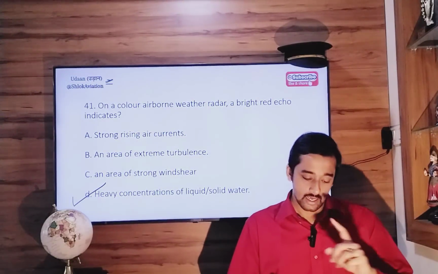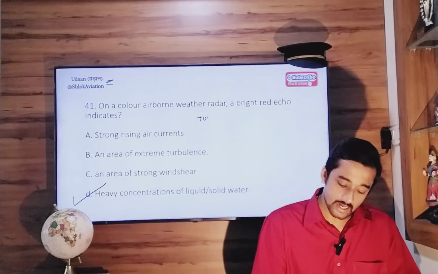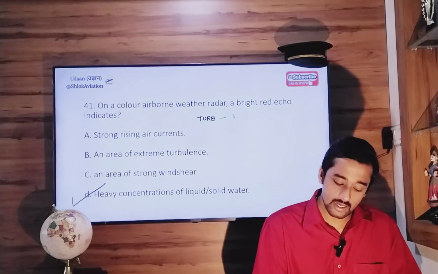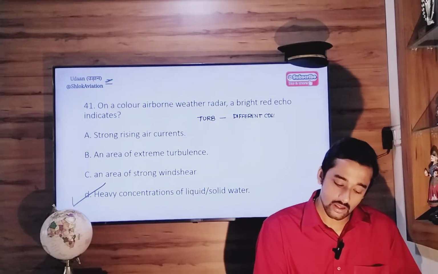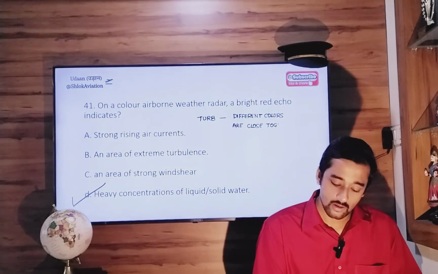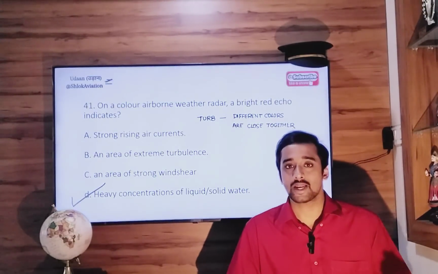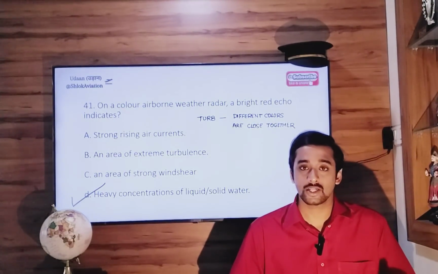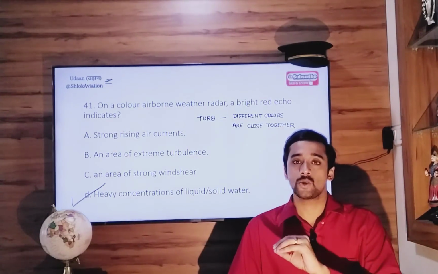But mainly, in case of airborne weather radar, always remember that turbulence is indicated when different colors like red, yellow, green are close together. Different color zones are close together. That transitional zone among different colors is where you are going to expect heavy turbulence. It's not necessary that just because there are red echoes on your screen, in those red color zones you will expect turbulence.